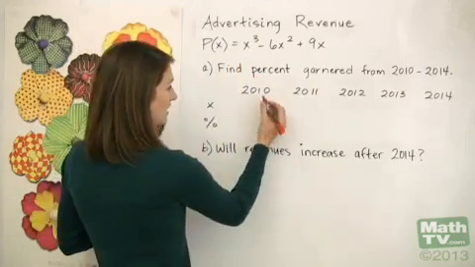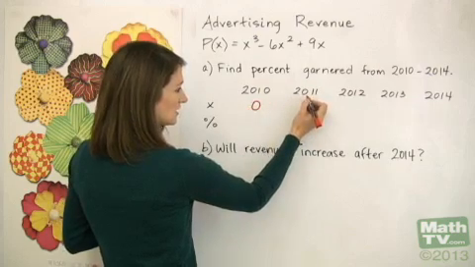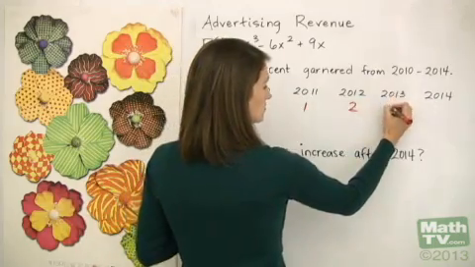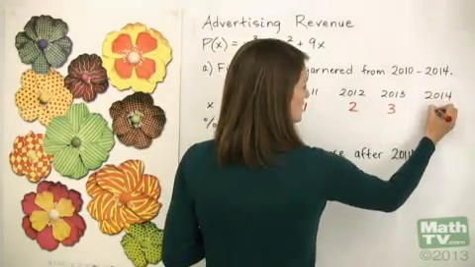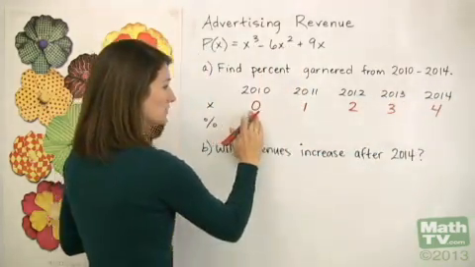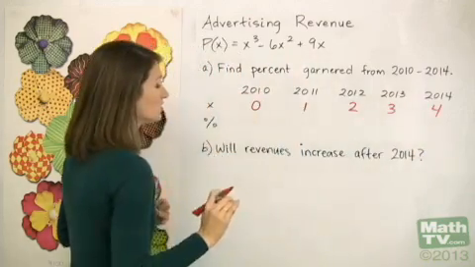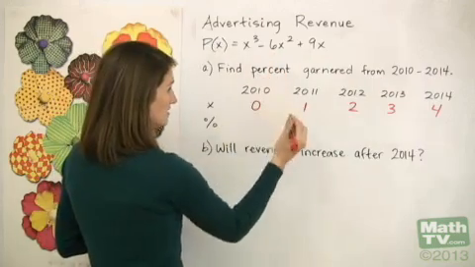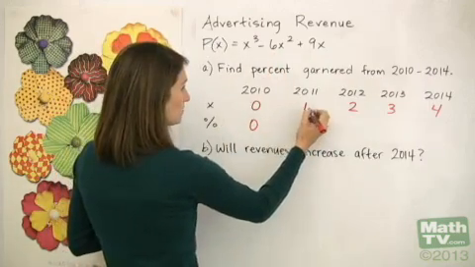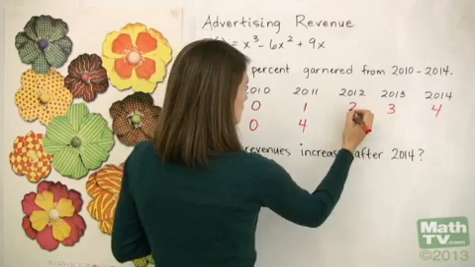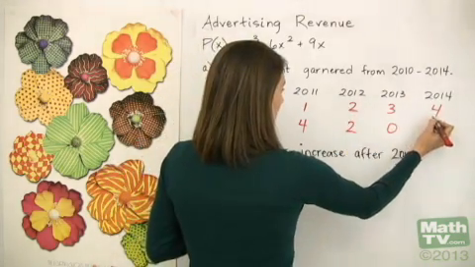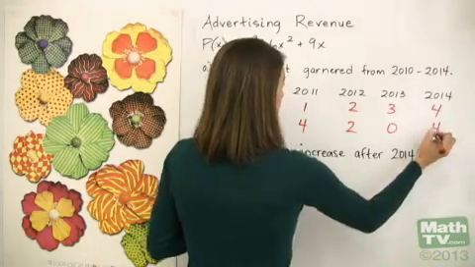So our values for x will be 0, 2011 is just 1 year past, so that's 1, 2012 is 2, 2013 is 3, and 2014 is 4.